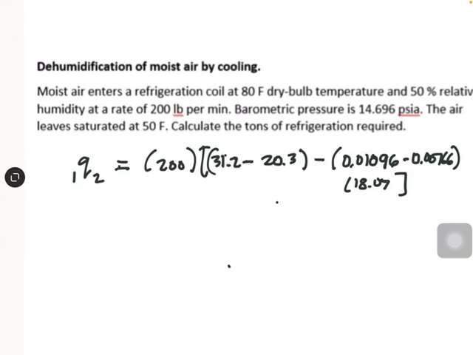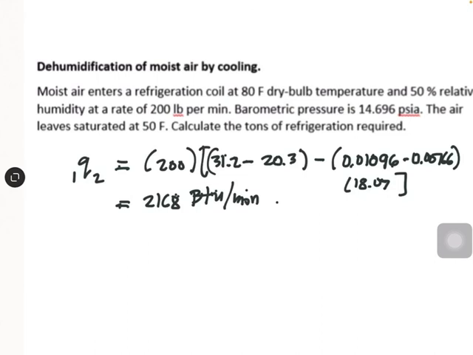And this is equivalent to 2168 BTU per minute.